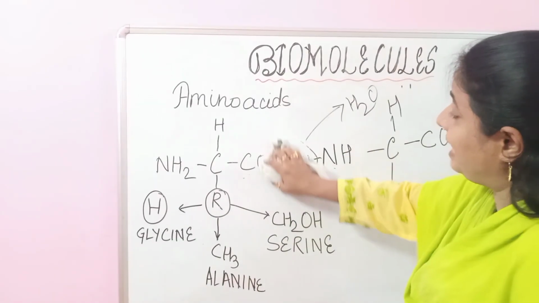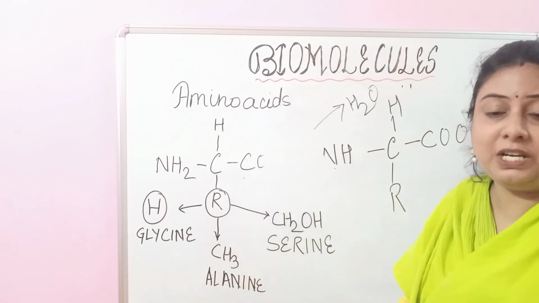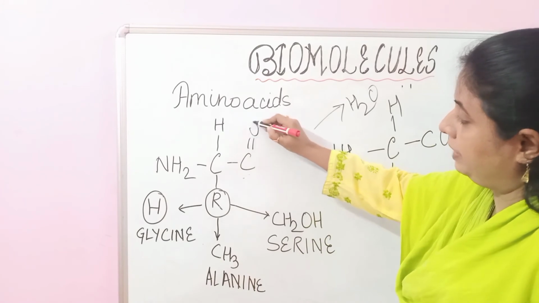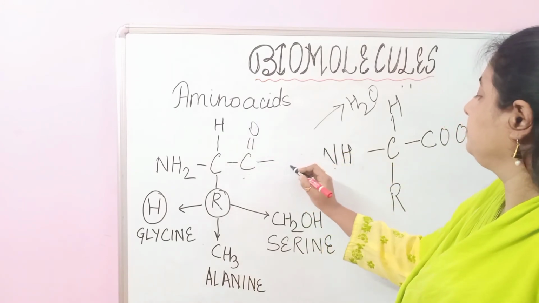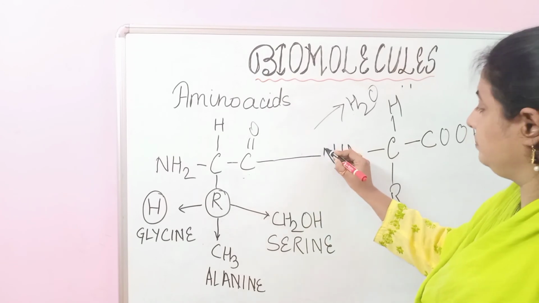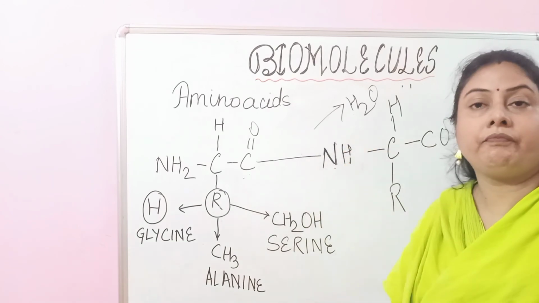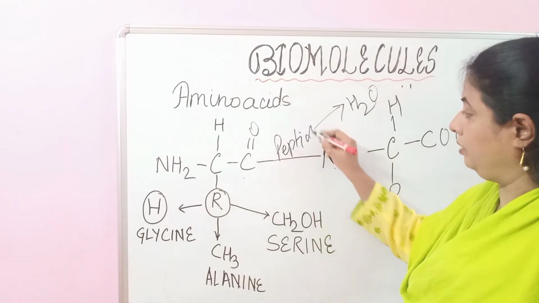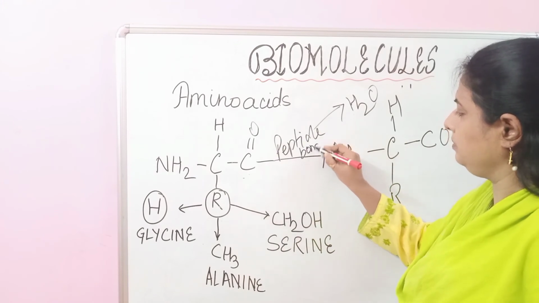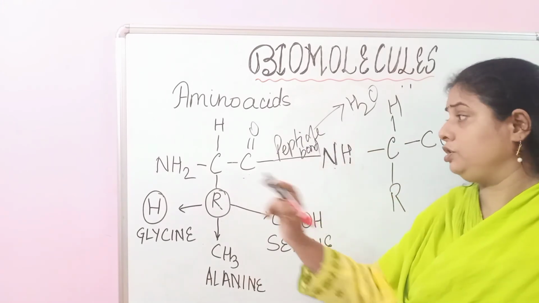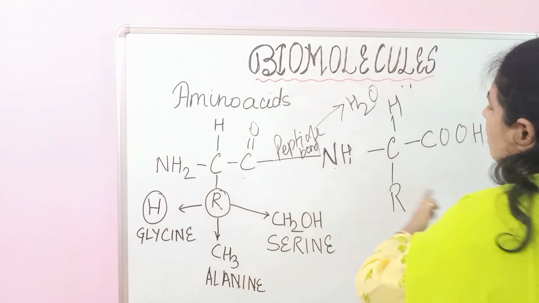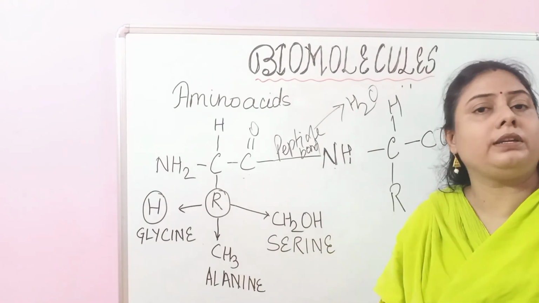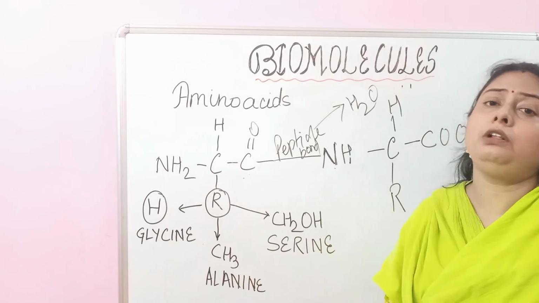So how will we represent that? So water has been eliminated. So let me write it in this way. This is the peptide bond, which actually joins the two amino acids, and this way a long chain of amino acids is formed. Then coiling, supercoiling takes place to form the functional protein.